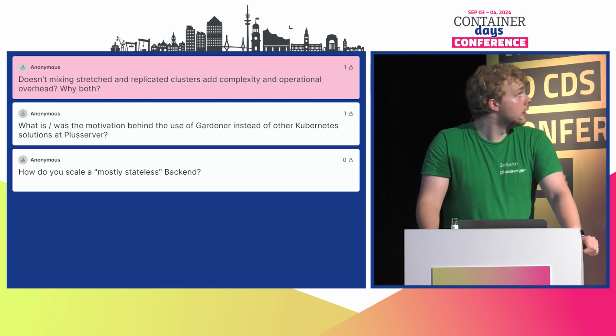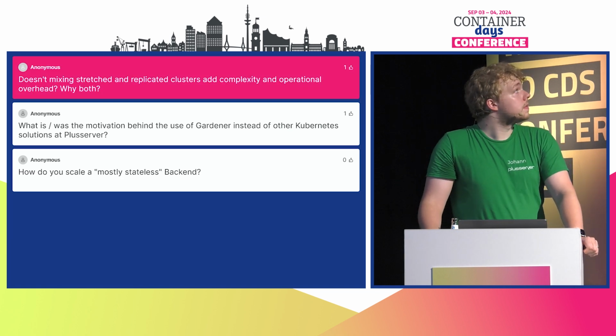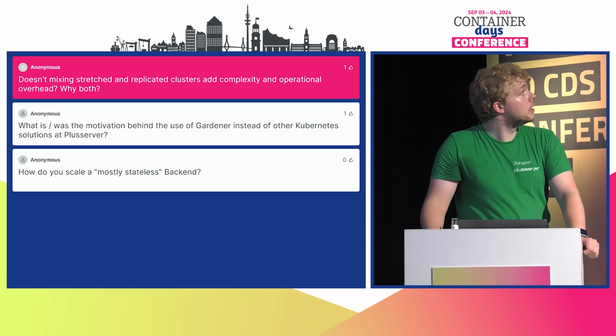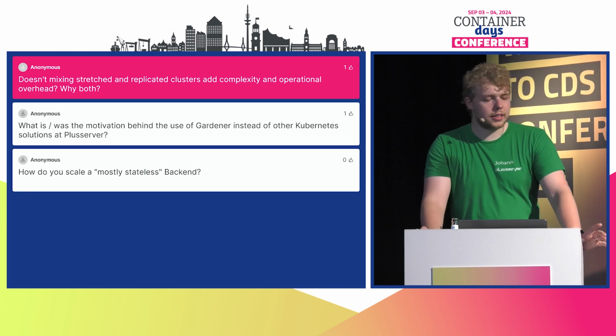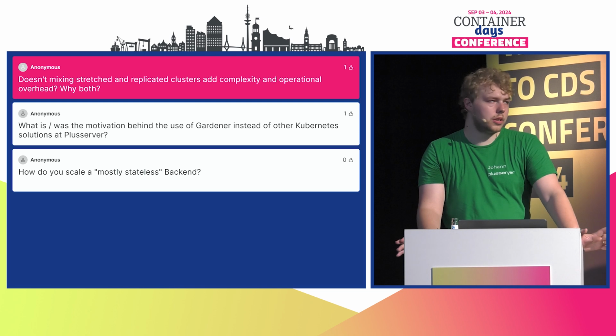The next question is, doesn't mixing stretched and replicated clusters add complexity and operational overhead? Why did you choose both? So we're now running multi-cluster with stretched components across them.